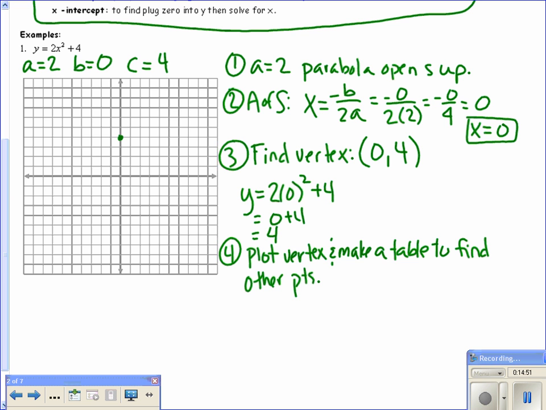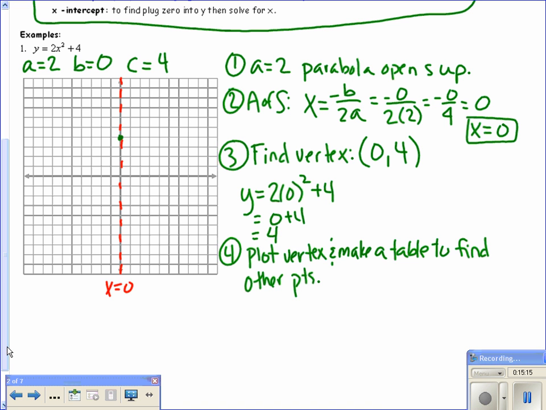I know my graph is going to be opening upwards. Remember that we talked about the line of symmetry is where your graph is going to be cut in half. So this right here would be my axis of symmetry at x equals 0. It's not really there, that's why it's a dotted line, but it's just to show you that if I fold my graph in half on this line, remember we said it should match up, or you should have corresponding points on the other side.